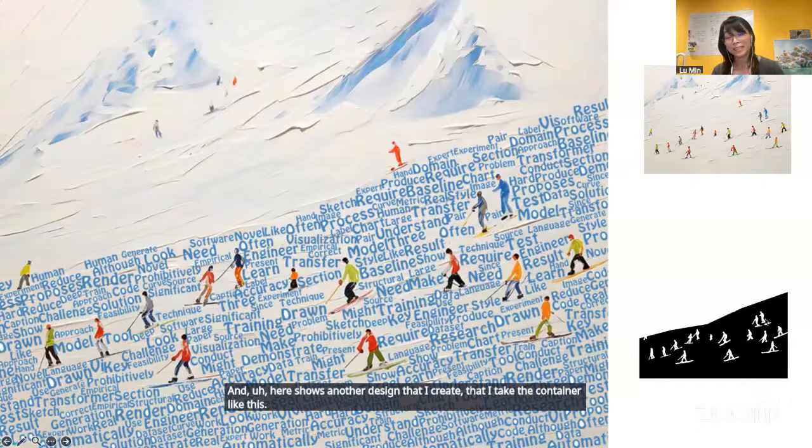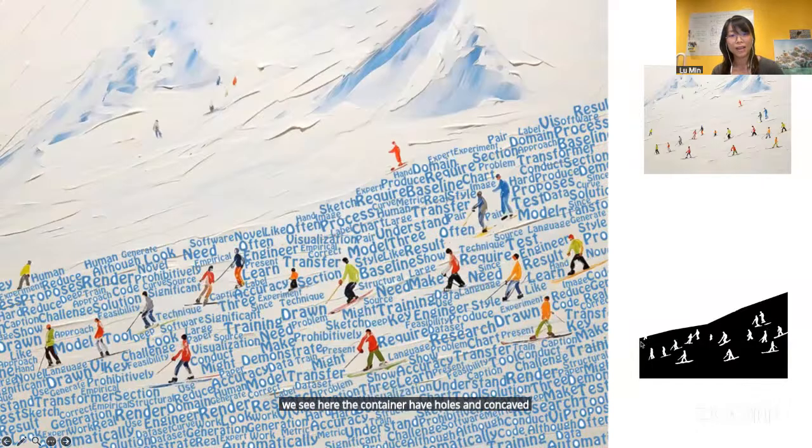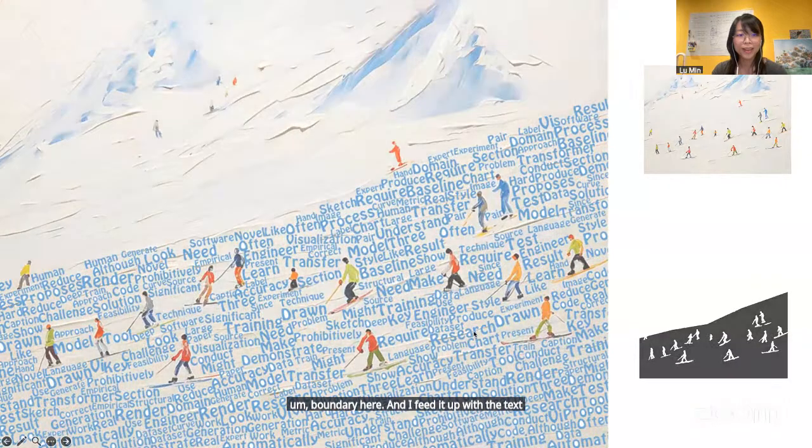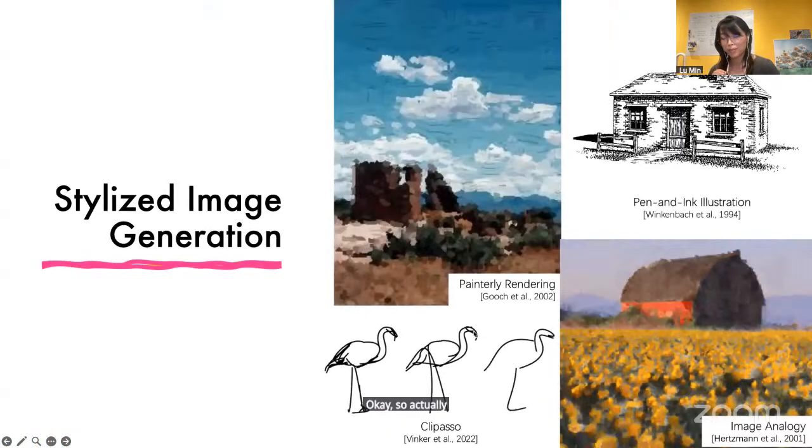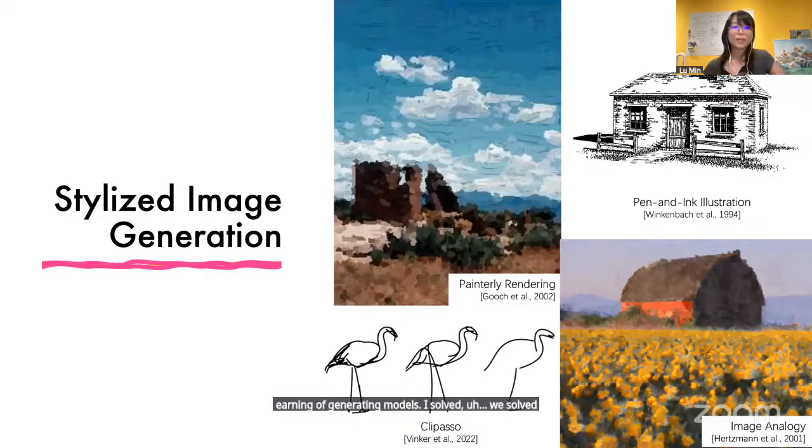We see here the container has holes and a concave boundary, and I fill it up with text. Actually, in this project, I didn't use any generative models. We solved it with an optimization method.